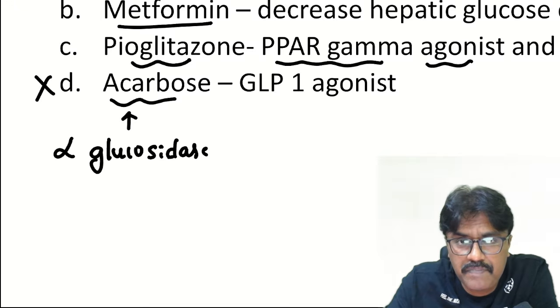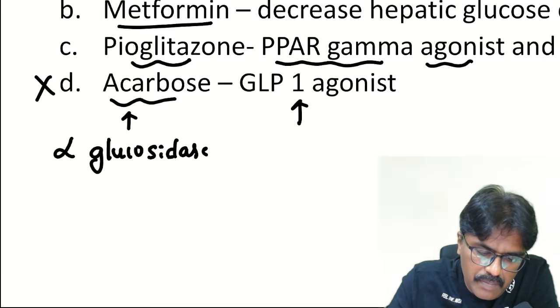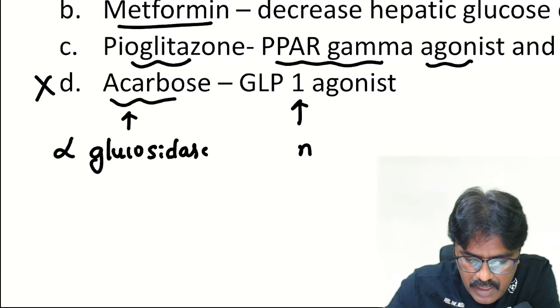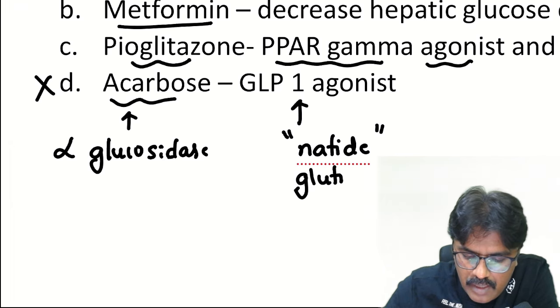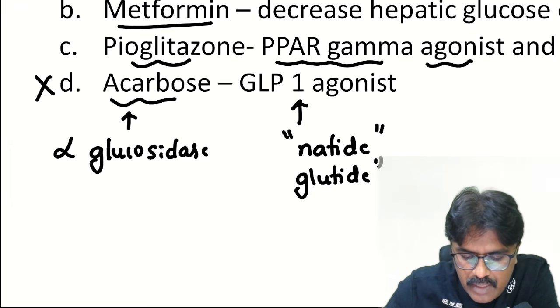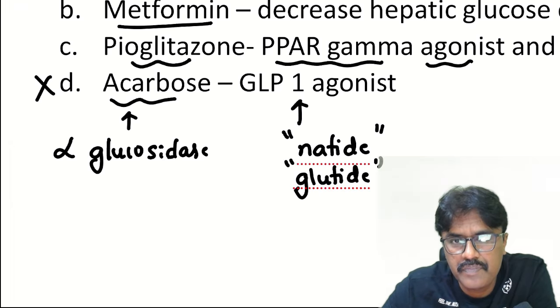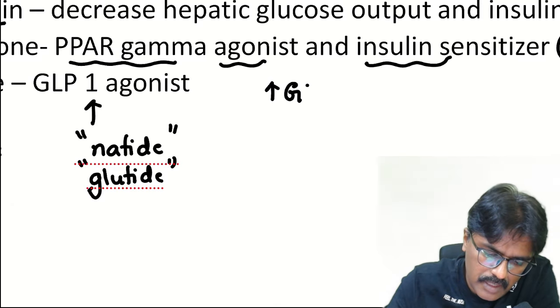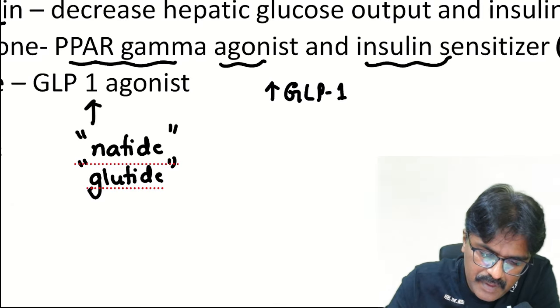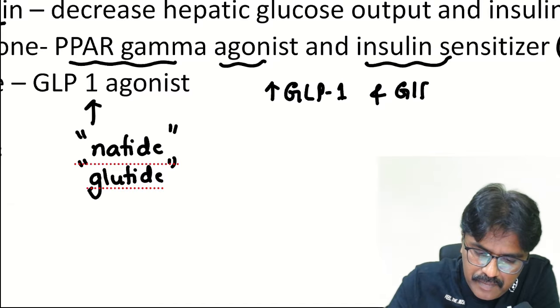Answer is D. What are GLP-1 agonists? The drugs end with natide like exenatide, or they end with glutide like liraglutide, semaglutide. They are GLP-1 agonists. Again, what drugs will increase GLP-1 and GIP? They are called gliptins.